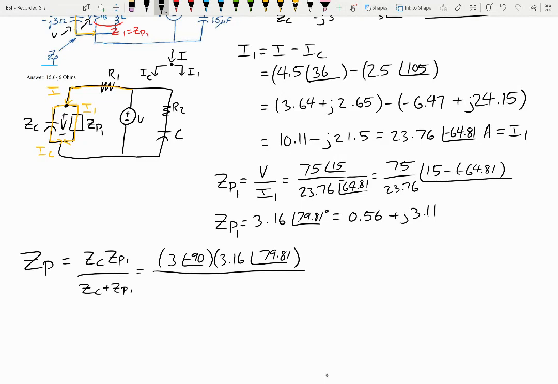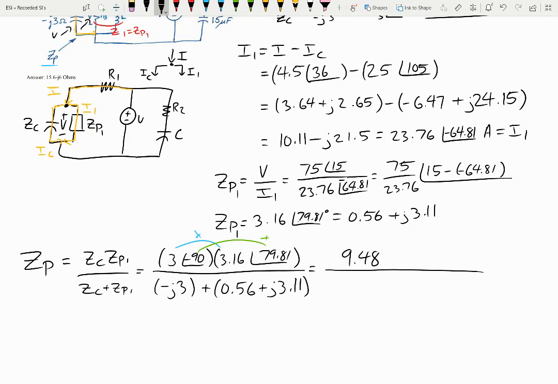ZC we said was negative j3 plus 0.56 plus j3.11. All right. And we can go and combine these down, multiply these out. We'll multiply, we'll add, make it 9.48. Then we'll do negative 10.2 degrees.